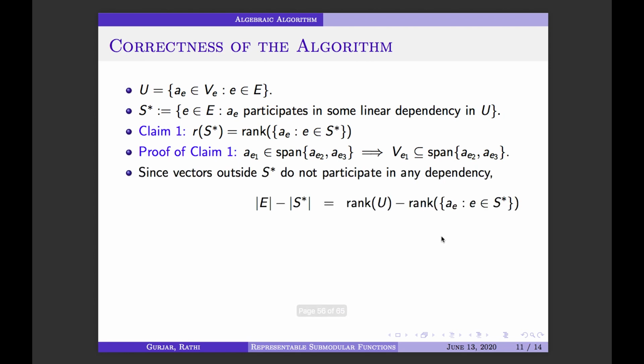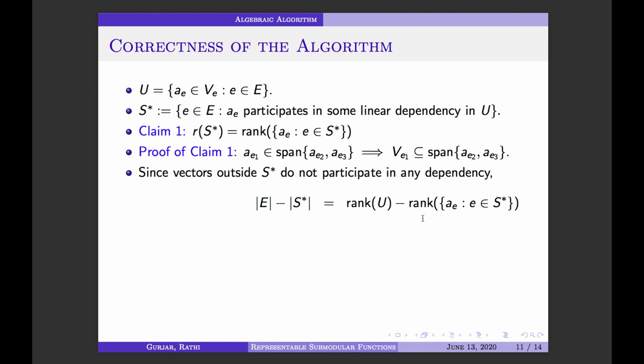Now, since vectors outside S star do not participate in any dependency, by definition, it must be that the number of these outside vectors, which is the same as cardinality of E minus cardinality of S star, must be equal to the difference of the rank of all vectors in the set U and the rank of the vectors corresponding to set S star.